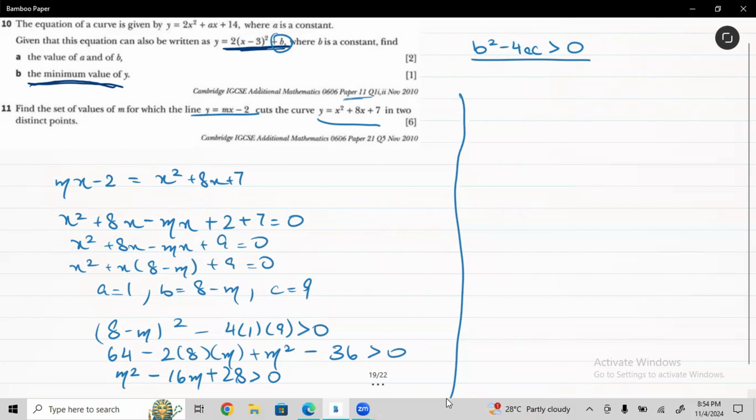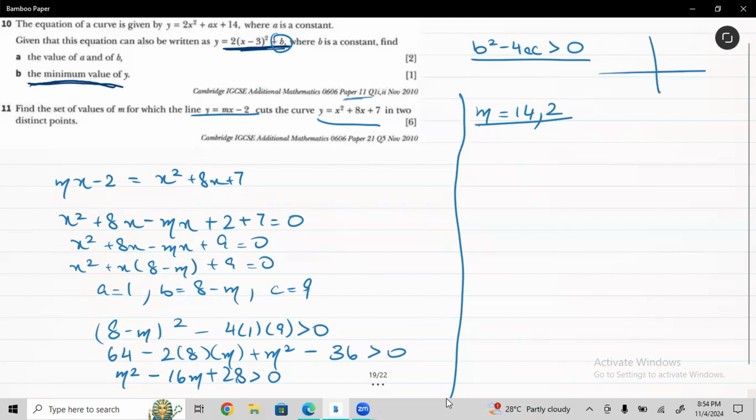So it's going to be 1, minus 16 and positive 28. We get two values for m: m is equal to 14 or m is equal to 2. So these are the two values of m we achieve.